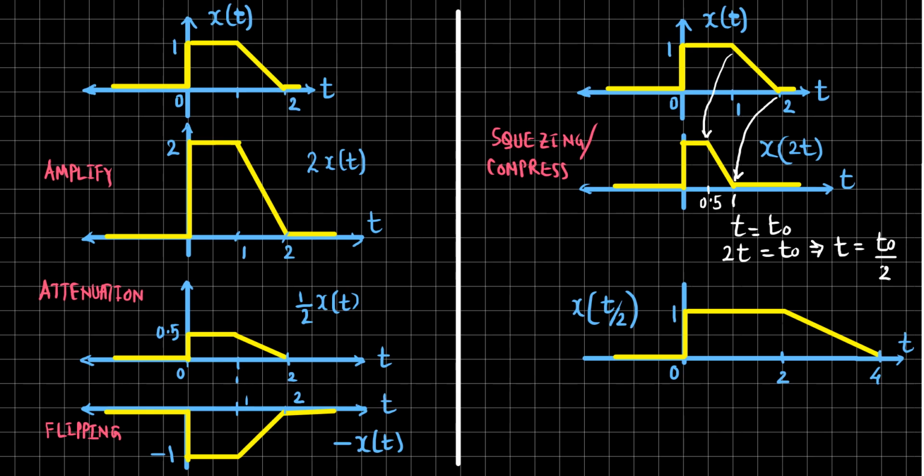Why t by 2? Because, let me write that here, the value that is there at t equals t naught is now present at t by 2 equals t naught.